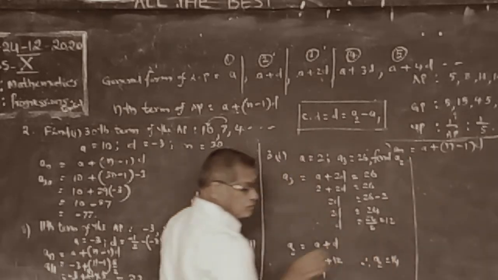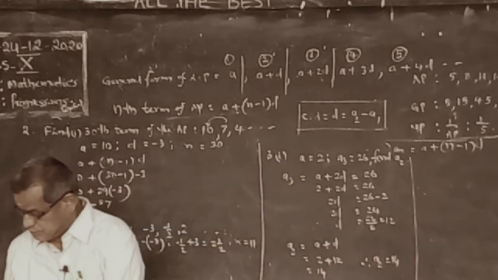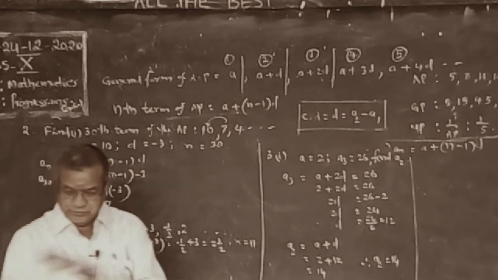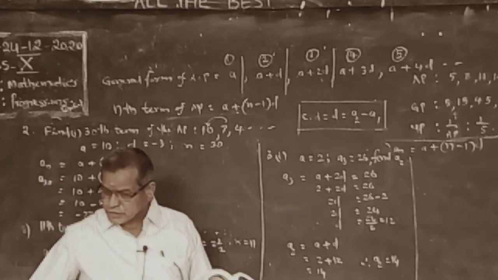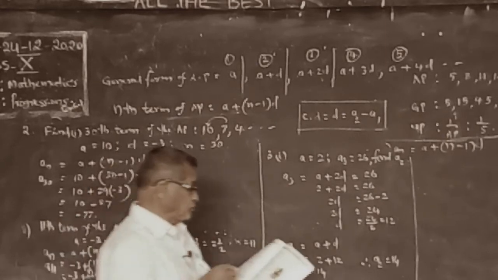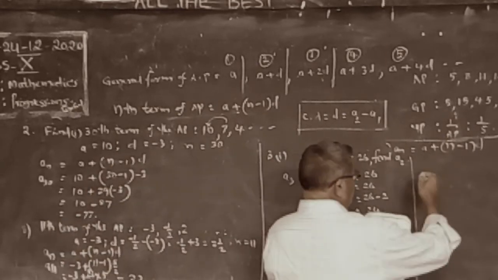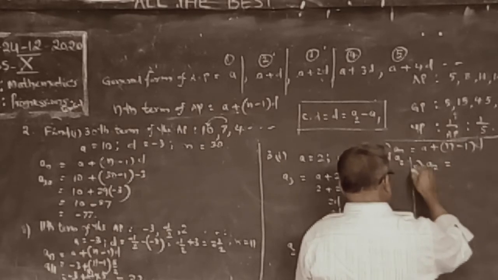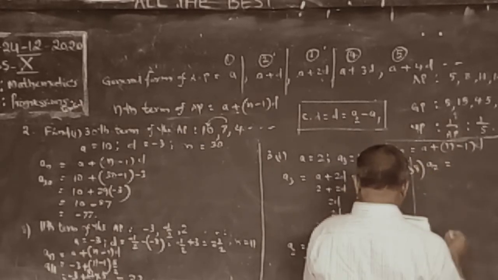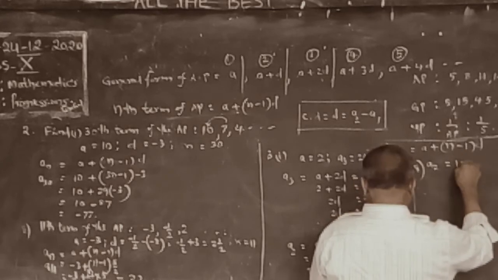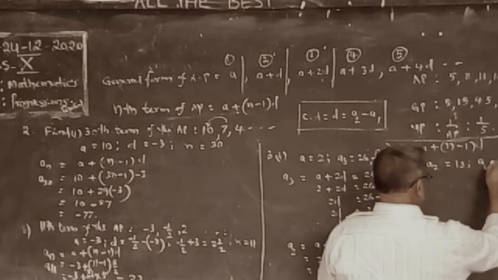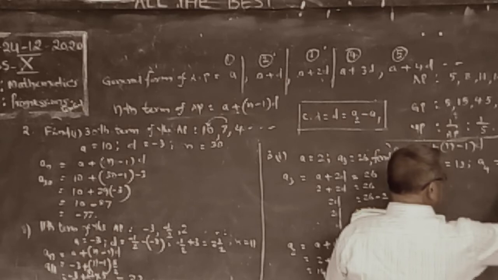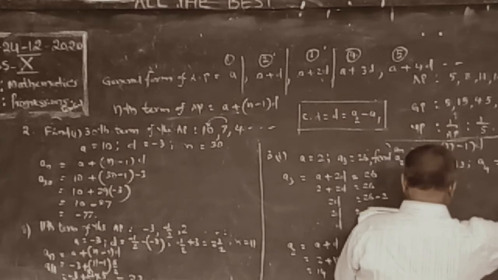And one more I will explain. Simply apply the formula. A2 is given as 13 and A4 is given as 3. Find A1 and A3.